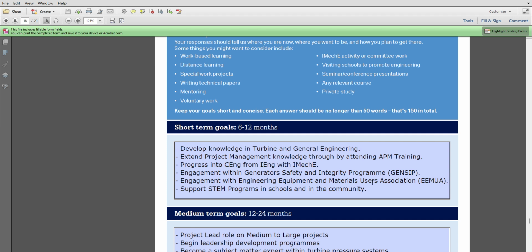You don't want to make it too detailed. Examples are to progress into CEng from IMechE. So that's a good short-term goal, to become chartered with the IMechE, to develop technical knowledge in turbine and general engineering, to support STEM activities in schools and in the community.